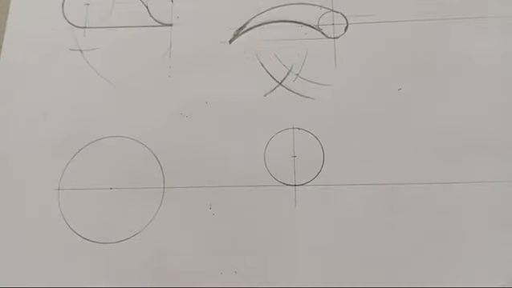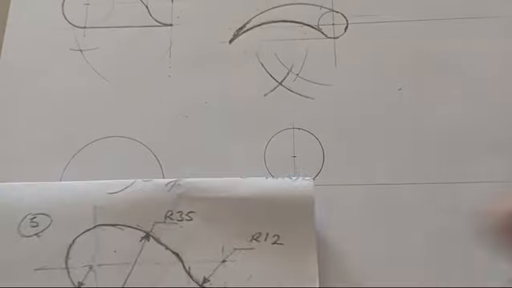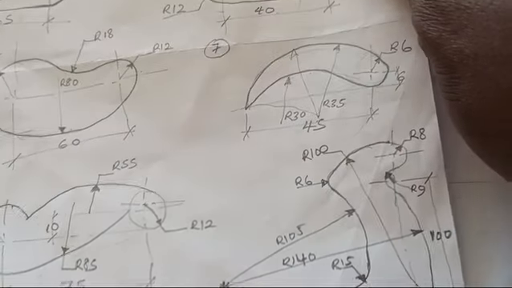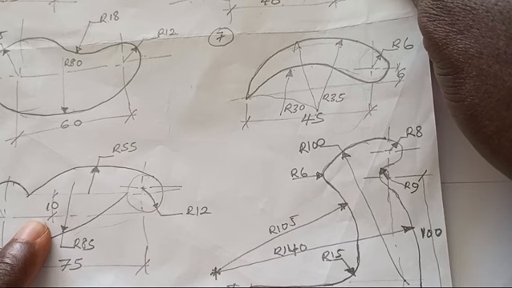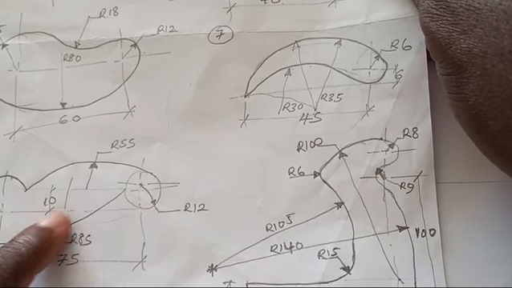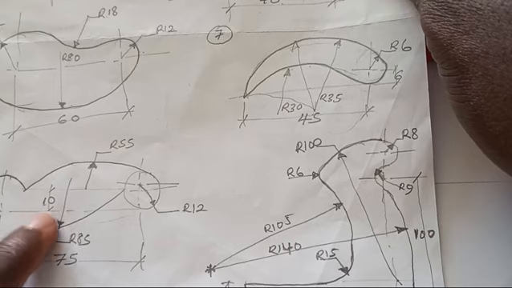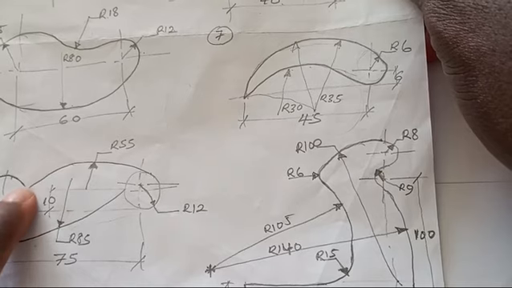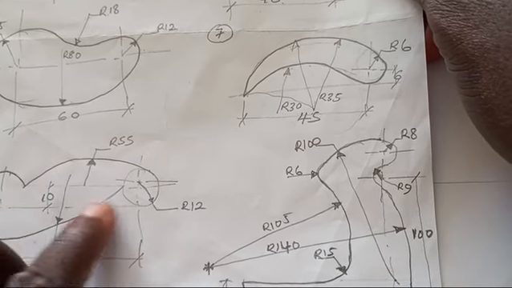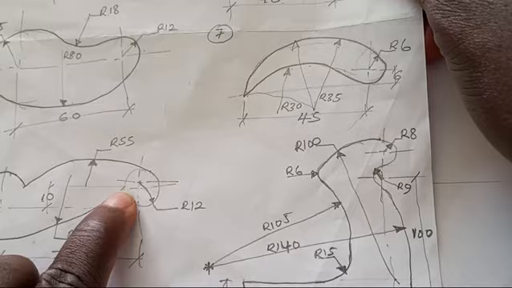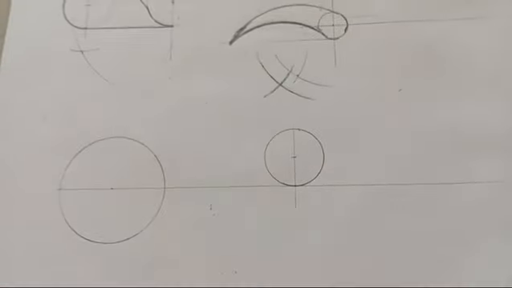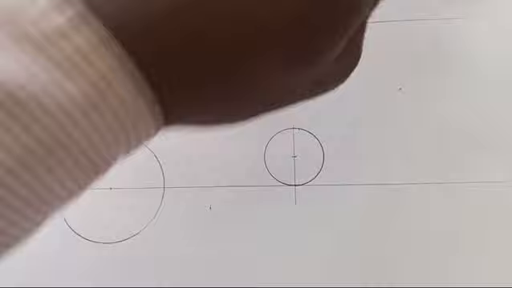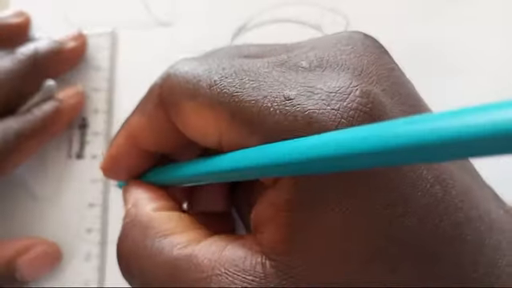Now the next thing to do is to connect them with the two curves. Take note that there's a 10 mm that is vertically placed from the center of this circle. Let us draw that line, because this arc is connected at that level of 10, and it's also connected to this place at that level of 10. So I've not drawn the vertical line here. Let me draw the vertical line first. So I'll now measure 10.